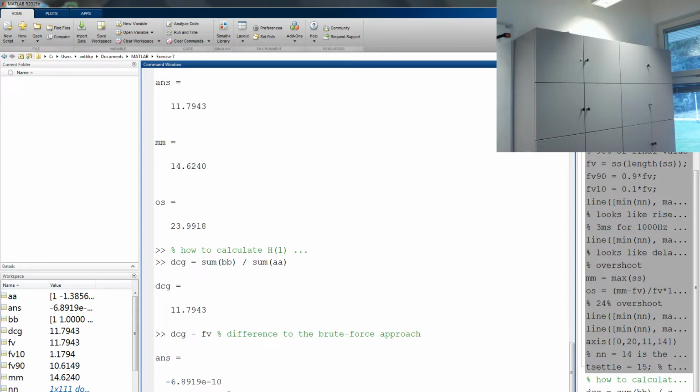So this H of z is b0 z squared plus b1 z plus b2 divided by a0 z squared plus a1 z plus a2, and here z equals 1. So it's actually b0 plus b1 plus b2 divided by a0 plus a1 plus a2, which is the sum of terms. Dirty trick.